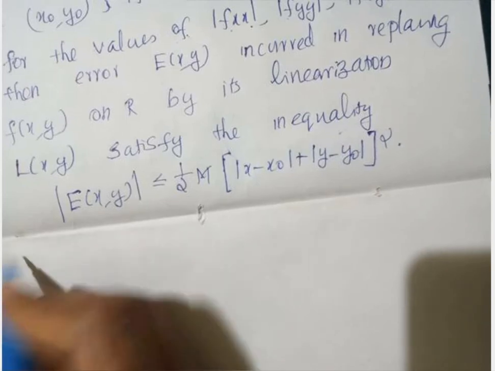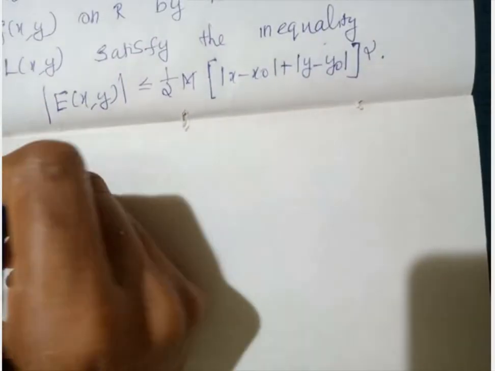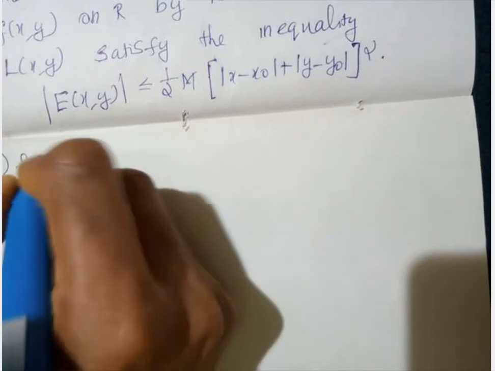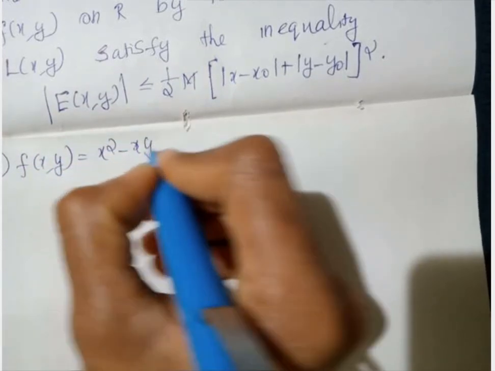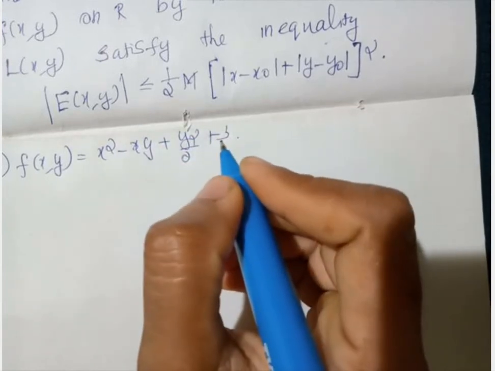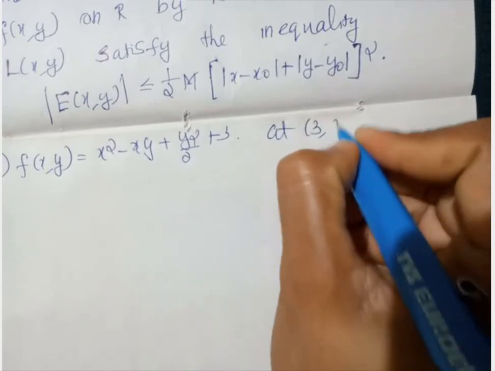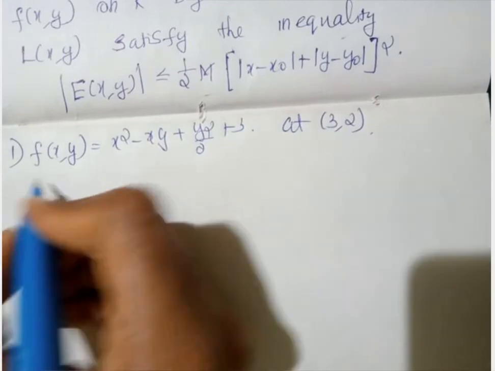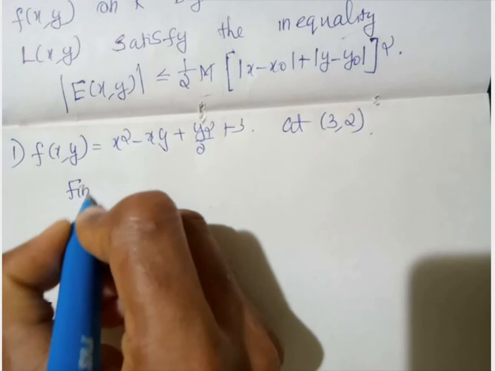So we have to find out the error term corresponding to each function. One example: f of x, y is equal to x square minus xy plus y square by 2 plus 3, at the point 3, 2. We have done the linearization before. So add one more question to that question.